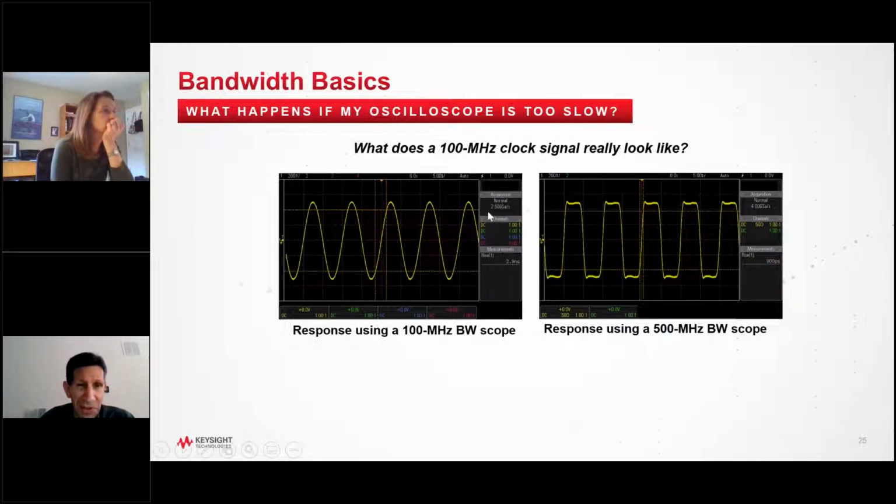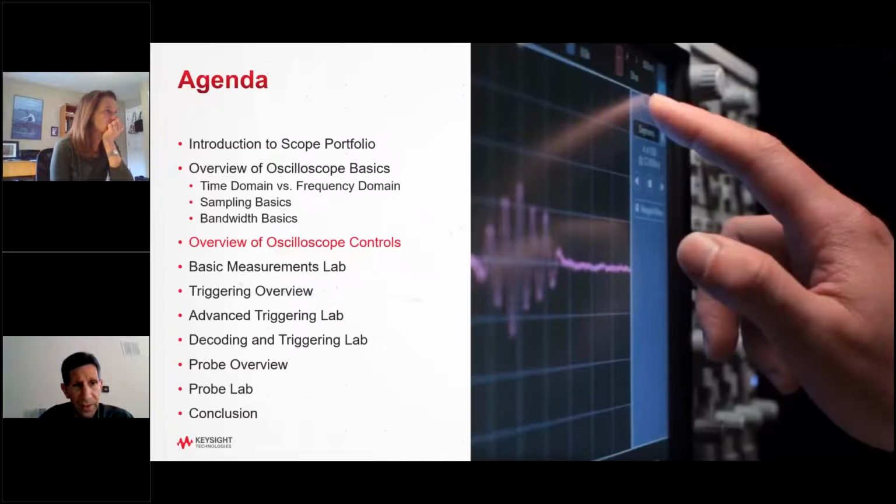This is the same signal being put into a 100 megahertz scope versus a 500 megahertz scope. Typically, if you do not have enough bandwidth, it is going to round your signal edges. The rise time of the instrument will not be sufficient to measure the rise time of the signal. All right, we're going to mostly skip through this stuff.